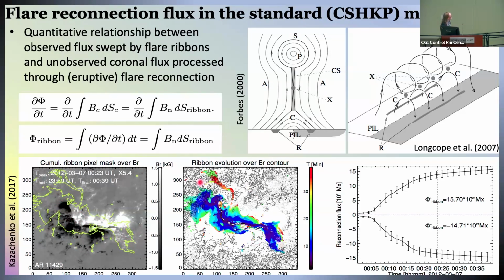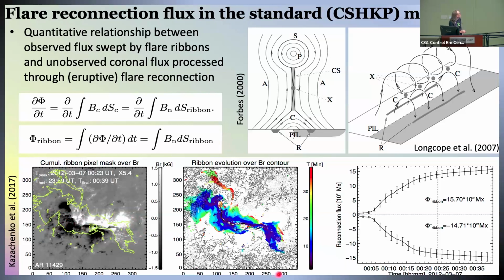This kind of map with the colors here is basically a distance map of the flare, basically the area swept by the flare ribbons. So the green contours are, over the whole flare, just integrate the whole flare, and basically every pixel that gets lit up during the flare observation gets colored at the time that it became bright.